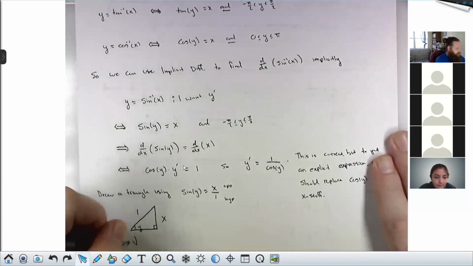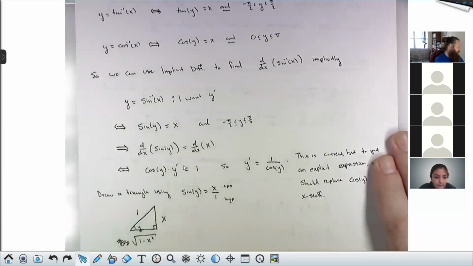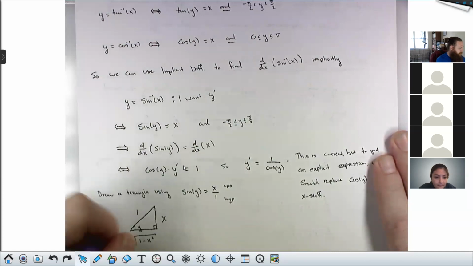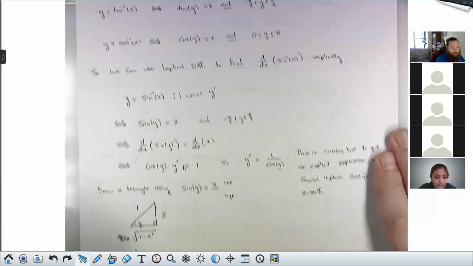Solving this triangle for the missing side, you get the square root of 1 minus x squared. You write x and 1 here, you could label the missing side b, and you know that a squared plus b squared equals c squared. So this missing side length is the square root of this squared minus that squared.